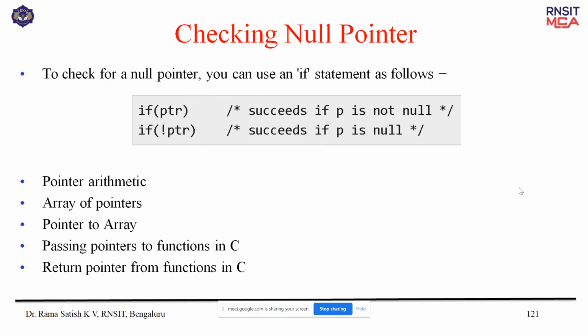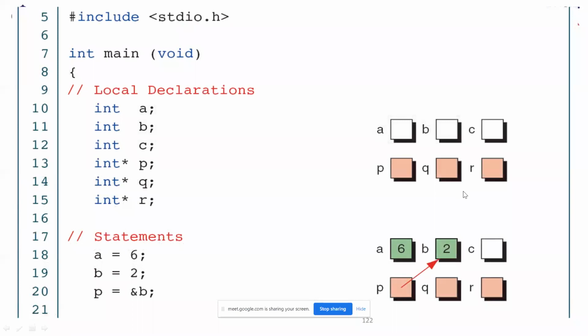We can use this concept in various places: pointers can be used with arithmetic, with arrays, with functions, with structures, and so on. Here is one example, which I have explained earlier also, that demonstrates pointer arithmetic.